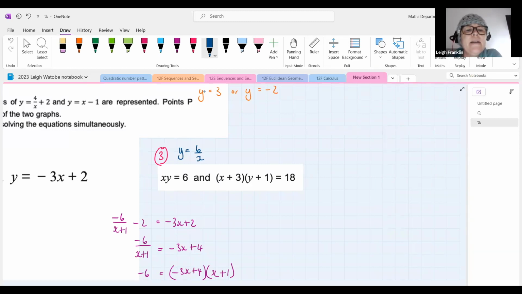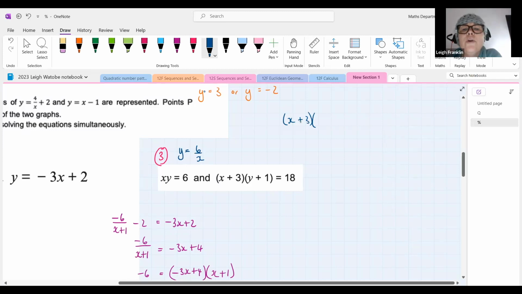Now you're going to sub that into the other equation. So you've got x plus 3, and in place of y you're going to write 6 over x, plus 1, and that's equal to 18.